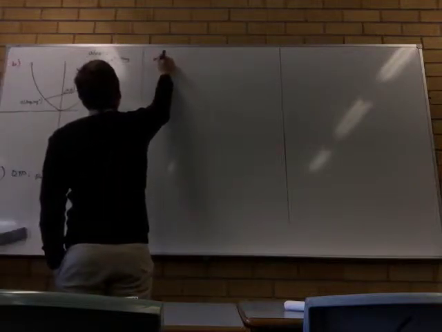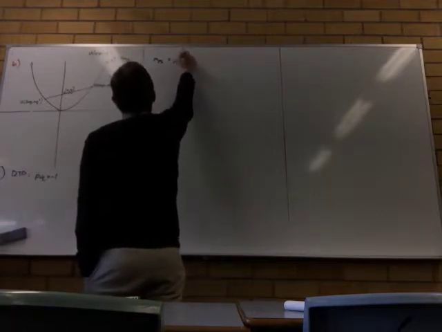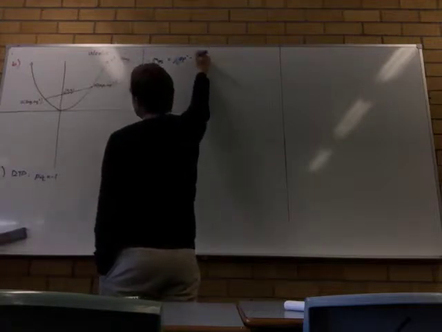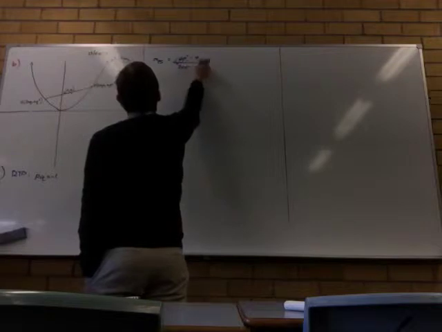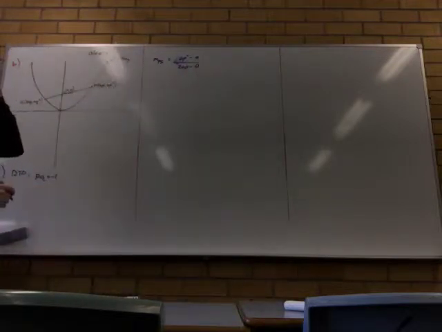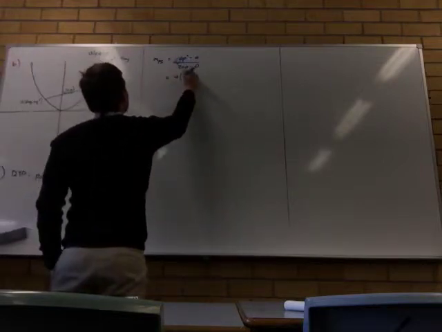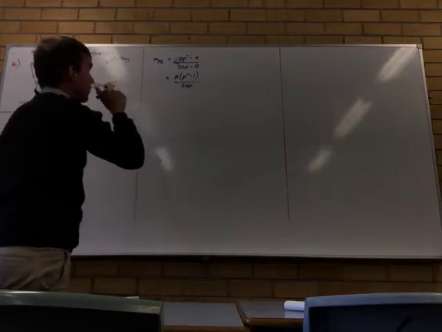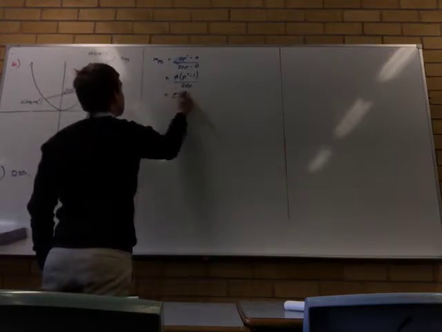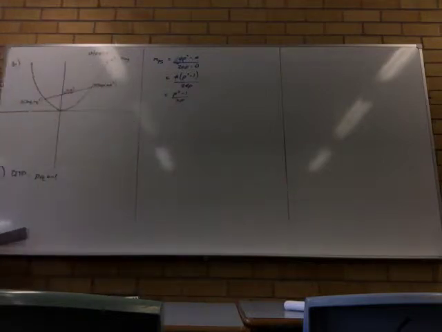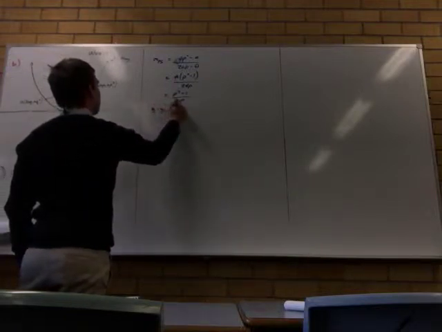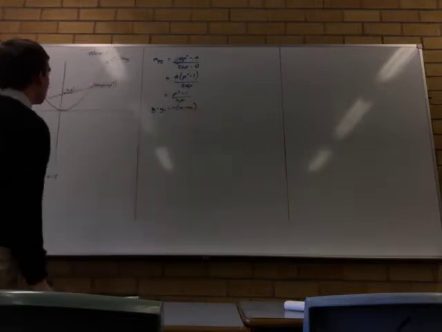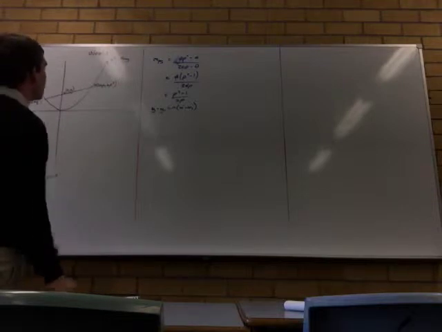Right, so the gradient of PS is going to be (ap squared minus a) over (2ap minus 0). Okay, so there's my gradient. I wonder if this will work. We'll find out. So y minus y1 equals m times (x minus x1). It'll work eventually.